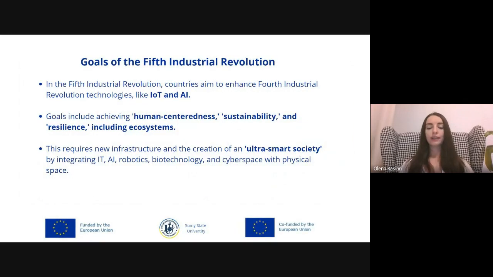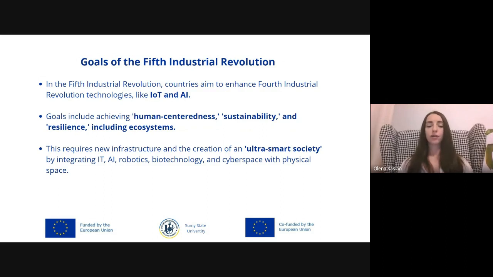So in the fifth industrial revolution, each country has launched various concepts that can be summarized by taking fourth industrial revolution technologies based on utilizing IoT and artificial intelligence, and adding the goal of realizing human-centered sustainability and resilience, including the ecosystem.